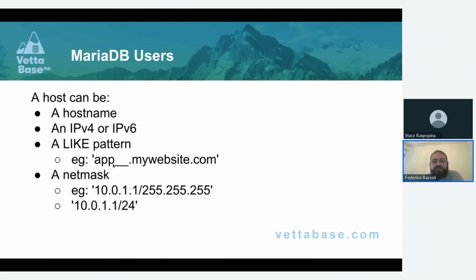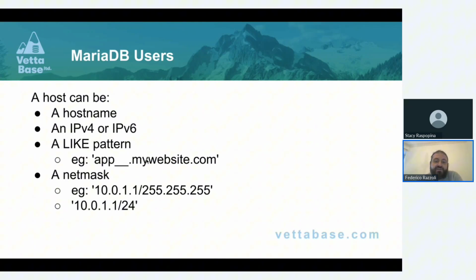So if the host name is app01.mywebsite and so on, it matches this pattern, and the user can connect. If it is app.mywebsite, no, it can't connect. Or it can also be a net mask.